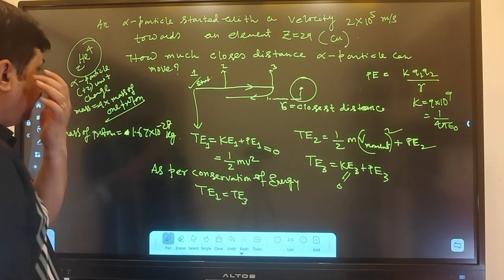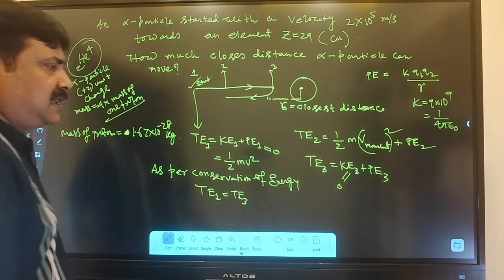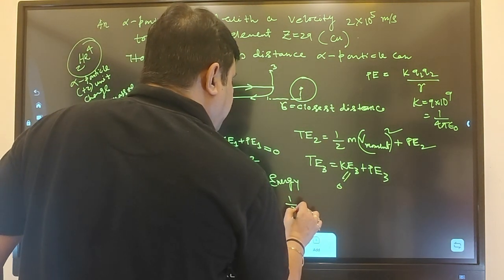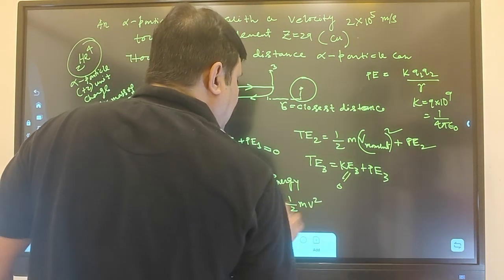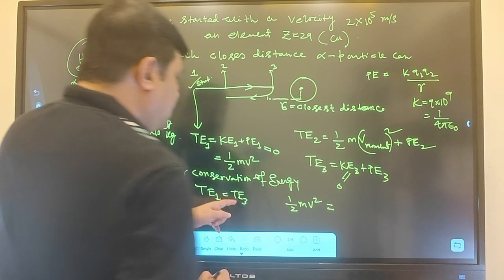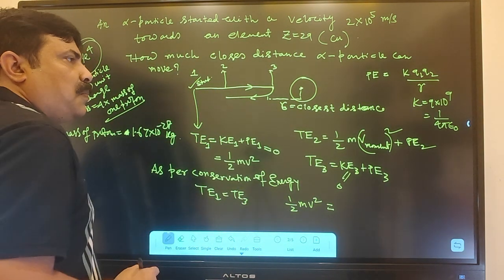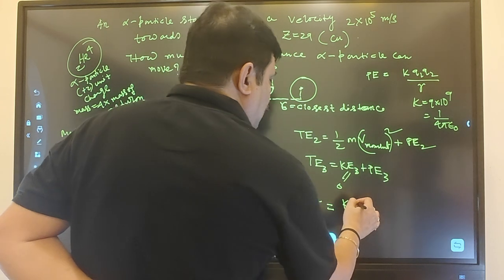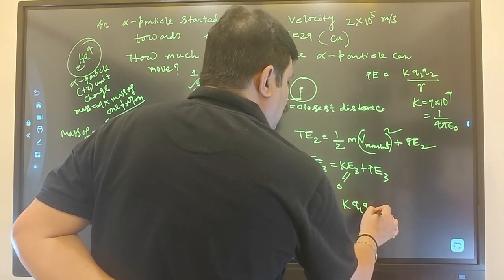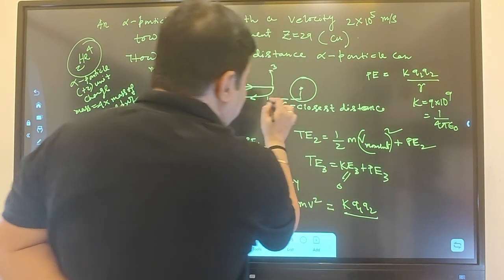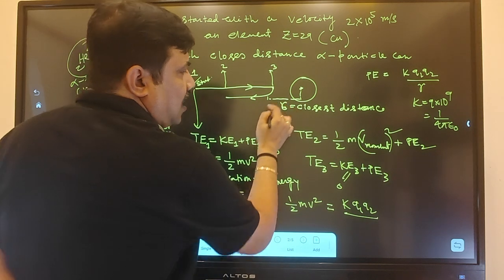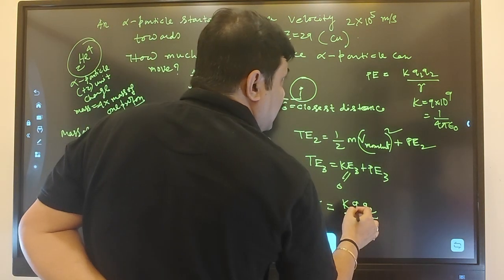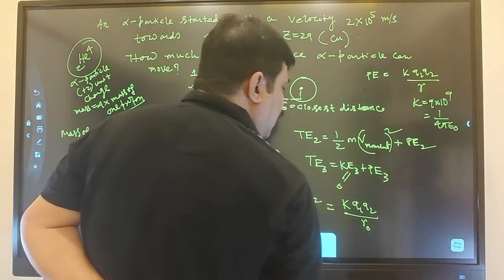T1 is only kinetic energy, which is half into mass into velocity square, which will be equal to T3, which is potential energy, K into Q1 Q2 by R, and that distance is R naught at this point, Q1 Q2 by R naught.